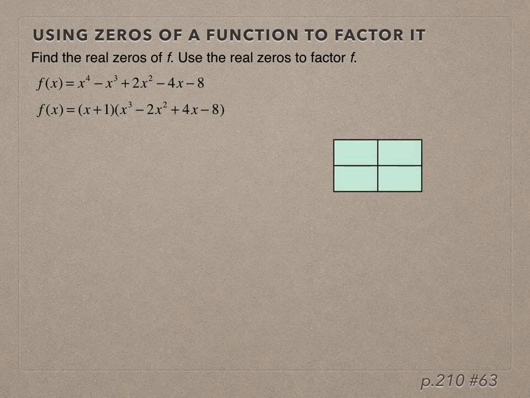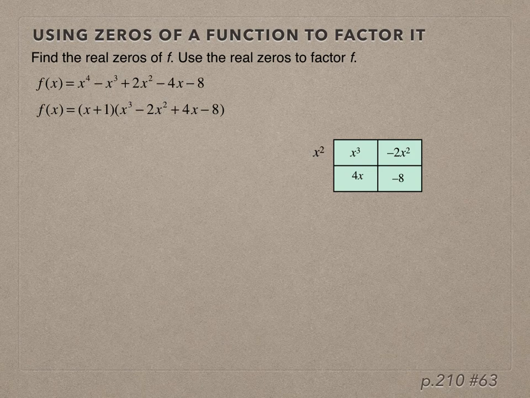I will use the reverse box strategy. X cubed will go in this spot, the constant term of -8 will go down here, and the remaining two terms will go along the diagonal. Now I look at the top row. Is there a common factor of x cubed and -2x squared? There is. It's x squared.